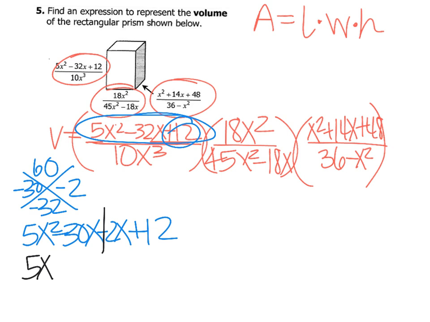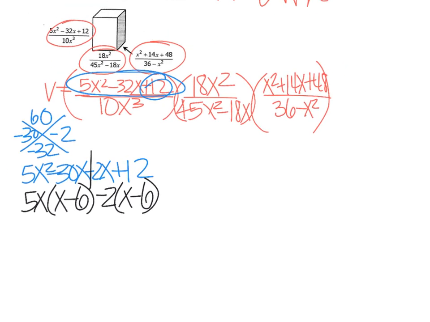GCF of the first half is 5x. GCF of the second half would be negative 2. And so then our two factors here are going to be, let's see if we move everything up.